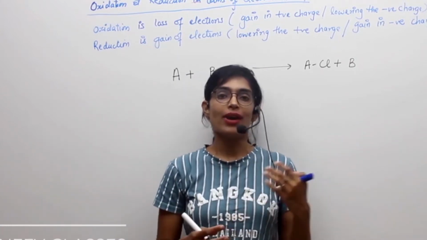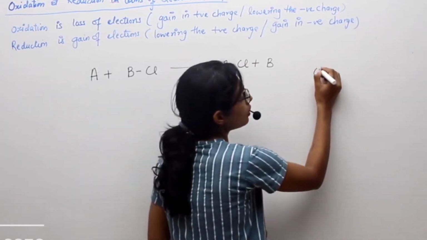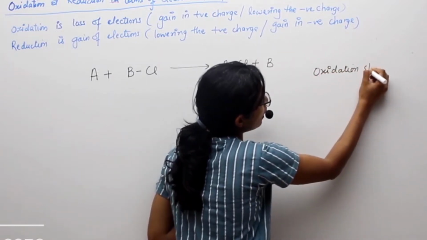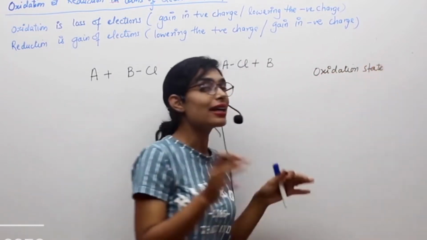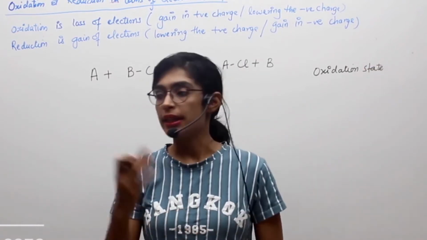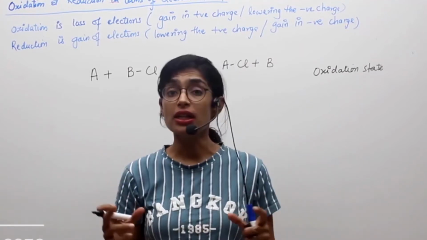In better terms, valency is called oxidation state. Oxidation state is another term we can use for valency. And this basically represents the current state of an element, whether it's in the neutral form or in the ionic form, and what charge it carries in the current state.